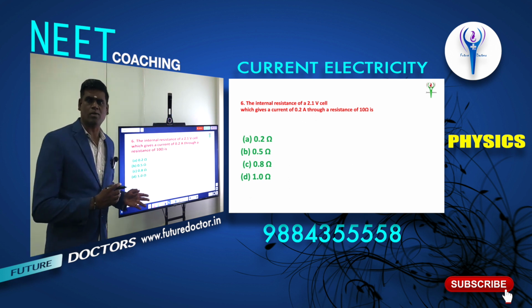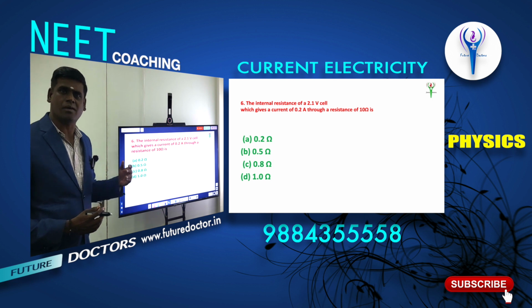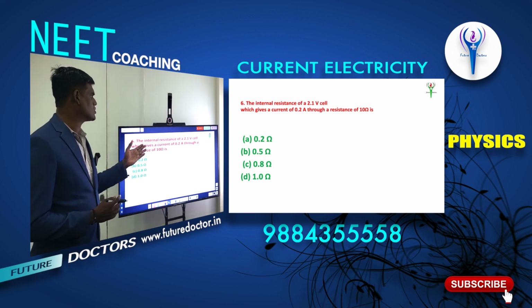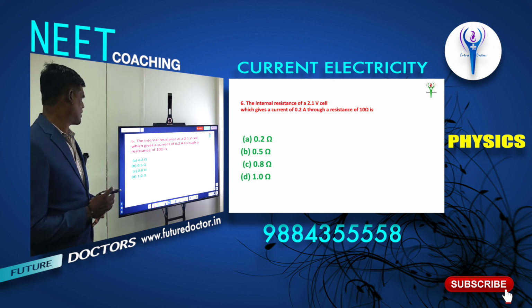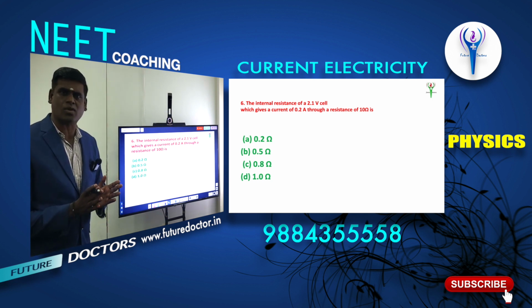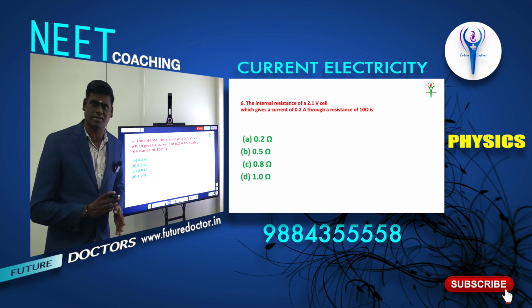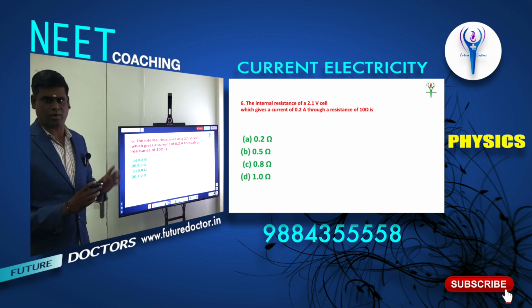Last option 1.0 ohm. Your given data is 2.1 volt, that is EMF, and current 0.2 ampere, and the external resistance is given, that is 10 ohm, and you want to find the internal resistance of the cell, which is in ohm only.